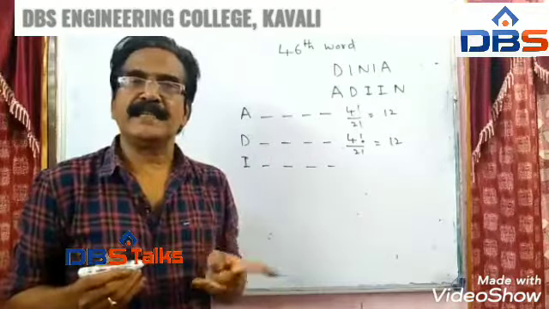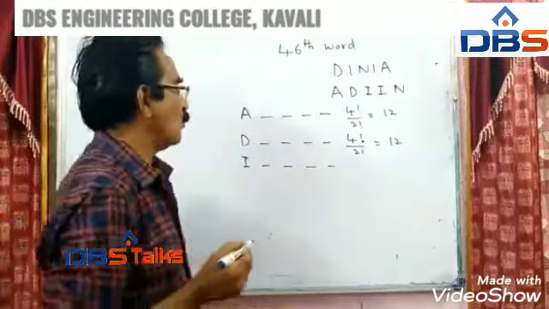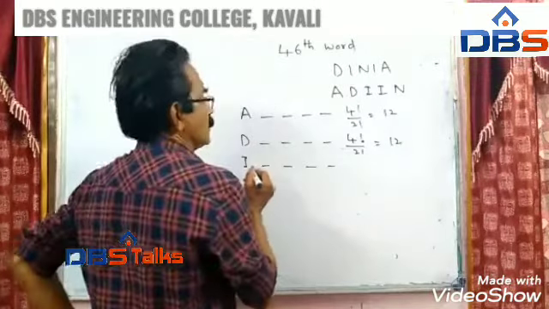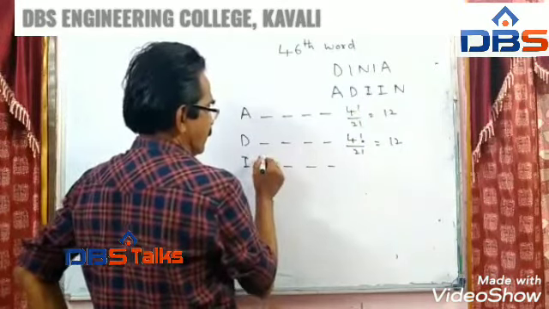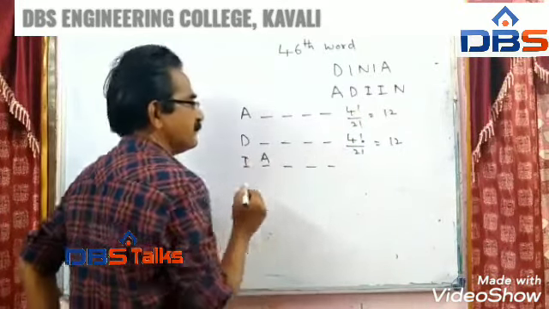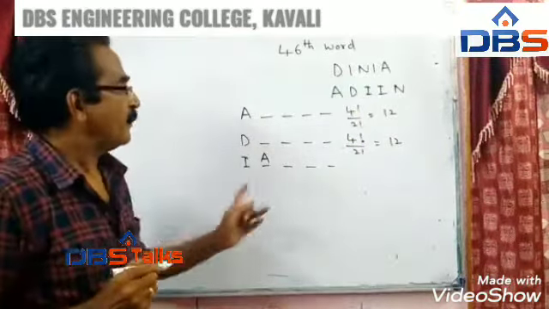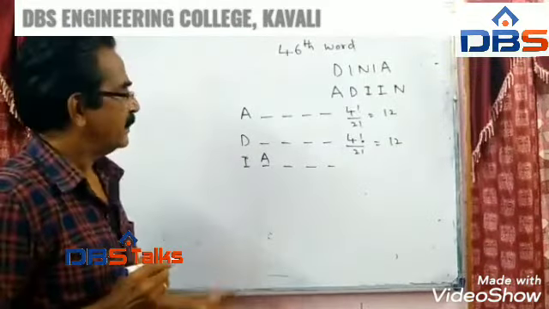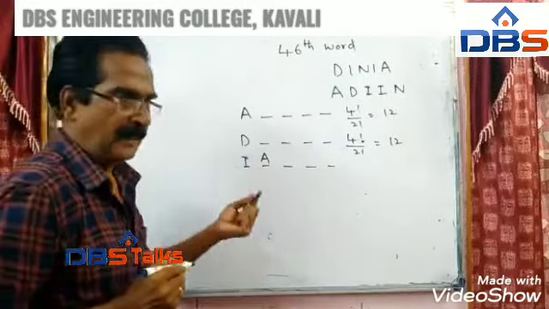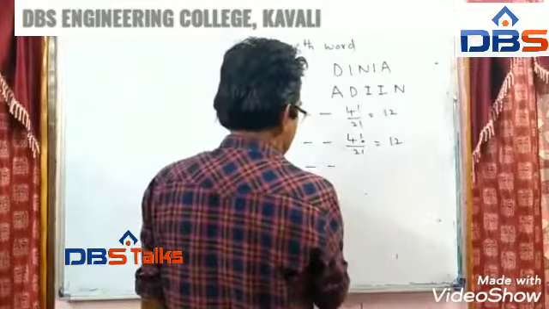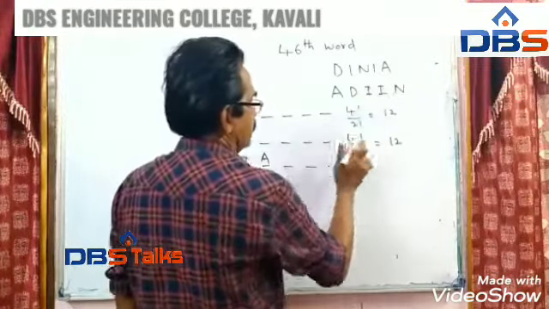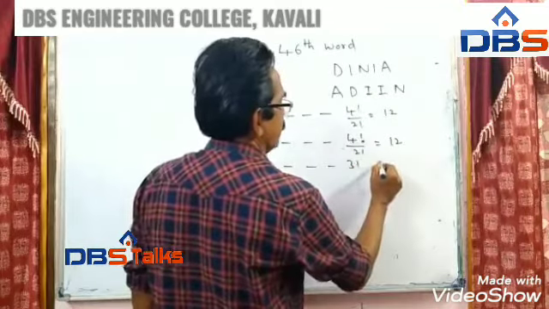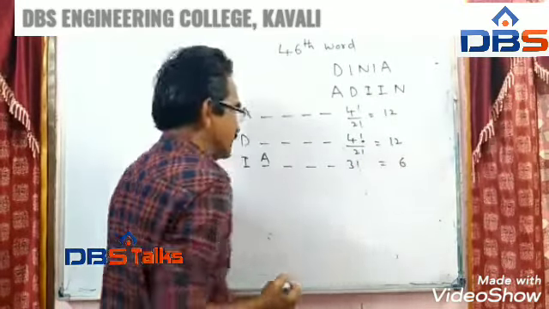So we have to take the second letter also. After I, what is the first one? IA. How many words are there which begin with IA? The remaining 3 blanks can be filled in 3 factorial ways, that is equal to 6.